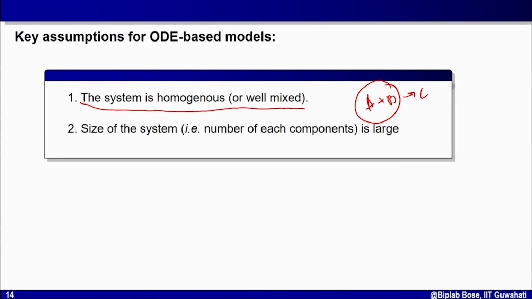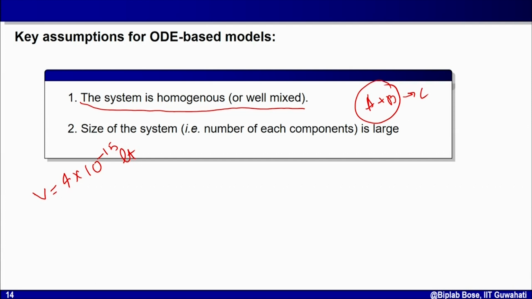The second criterion is that the system size has to be very large. Otherwise, you cannot use an ODE based model. Let me give you an example. Suppose I take a cell of volume, say, 4 into 10 to the power minus 15 liter. A cell is usually 1 micron in diameter, so if you calculate the volume, it will come in this range.